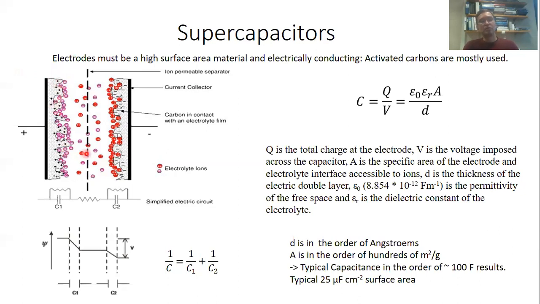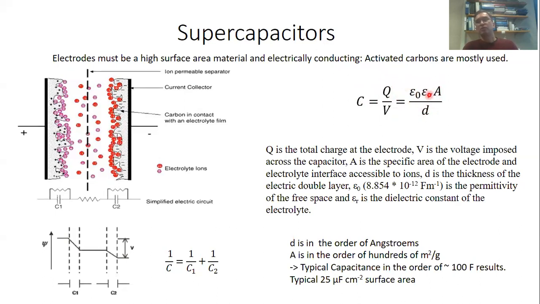Okay, so what does that mean for the capacitance? Well, the formula for the capacitance of a supercapacitor is in principle the same as the formula for the capacitance of parallel plate capacitors. So we have again that the capacitance is the number of charges over V, which is equal to the dielectric constant of the medium times the area over the distance.